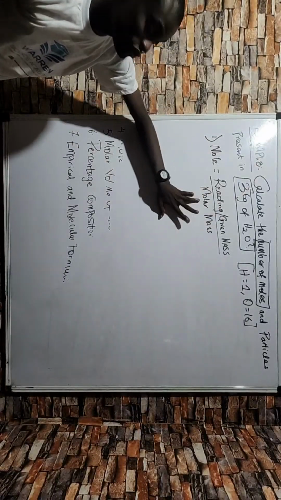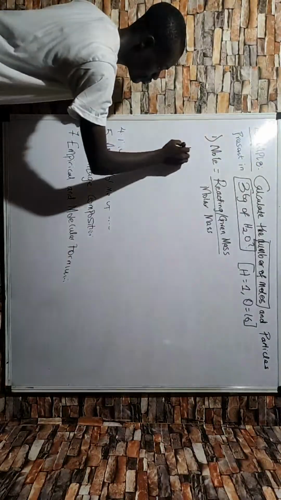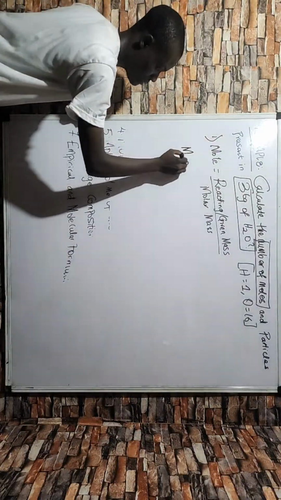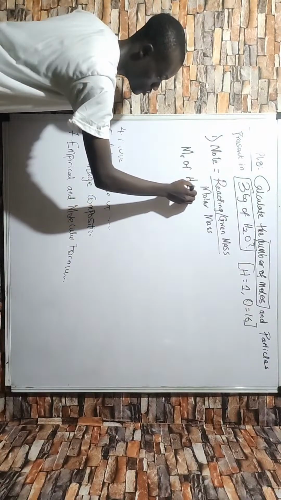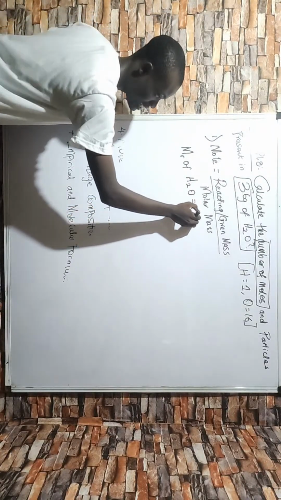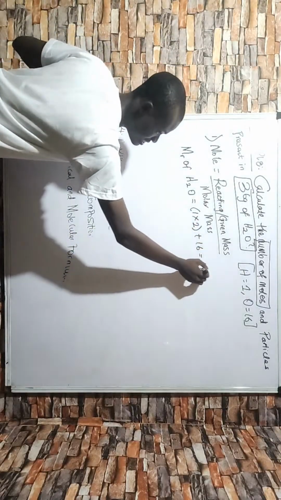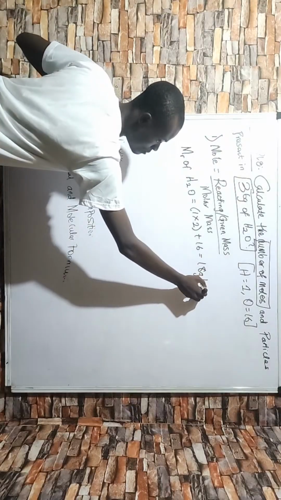But for the molar mass of water, we have to calculate it. So let's quickly do that. The molar mass, the Mr of water, will be, now we have 2 atoms of hydrogen, so this is going to be 1 times 2 plus 16, and this will give us 18 grams per mole.